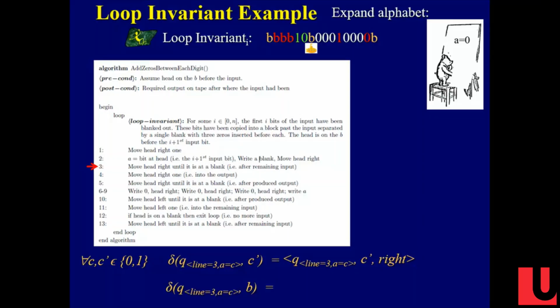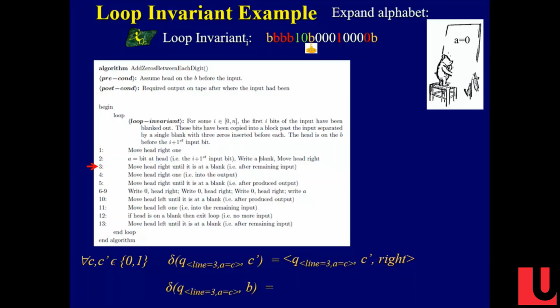Yeah, because I'm assuming my tape alphabet is 0, 1. What I'm saying here is if I'm in this state and I read something that's not a blank, go right. Now I'm saying if I'm in this state and I read a blank. Let me give you a little tip. Suppose I'm in this state, and when I read 0 through 8, I need to do something. But if I read a 9, then I have to do something special.